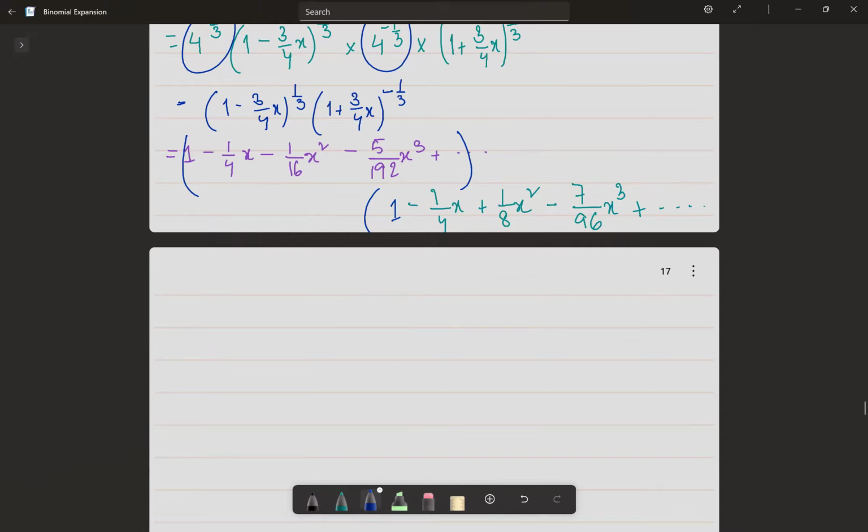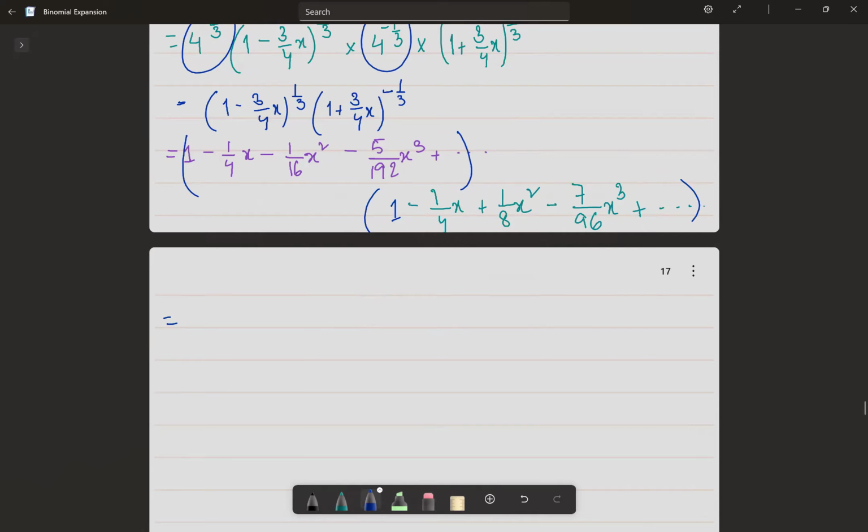So we need to multiply these two in order to get the expansion up to the term in x cube as mentioned in the question. So you pick one term and then you keep on multiplying, just how we have done the expansions normally.